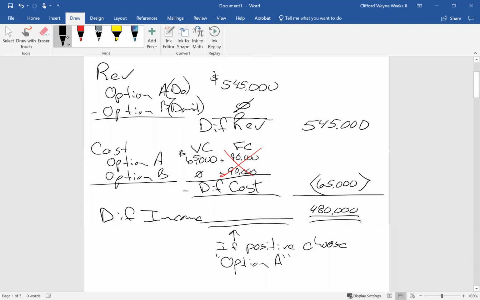Now, I want you to know that when we're looking at differential analysis, we're really only looking at the quantitative components of these decisions. Quantitative really is just the numbers. We are not taking into account at all the qualitative components.